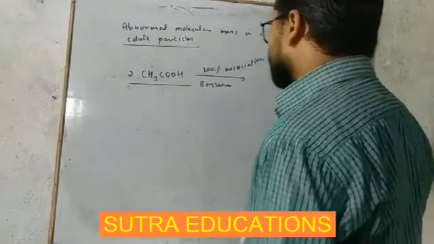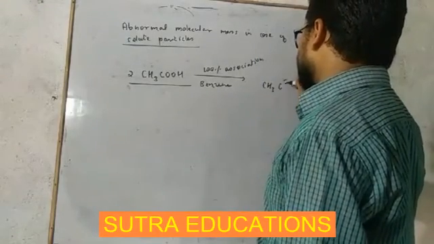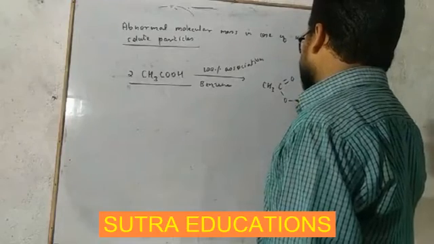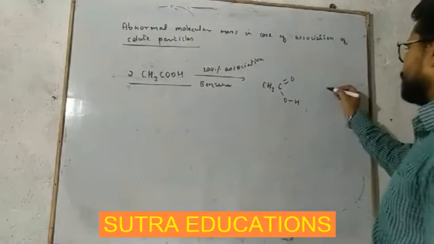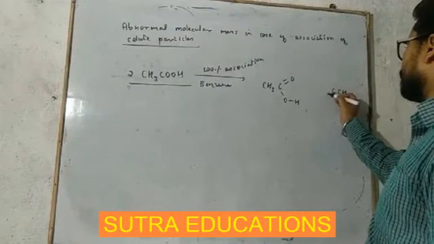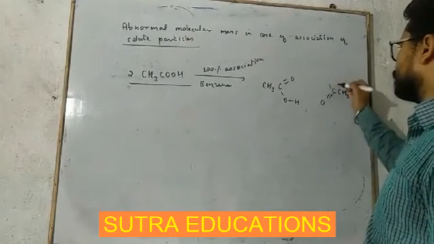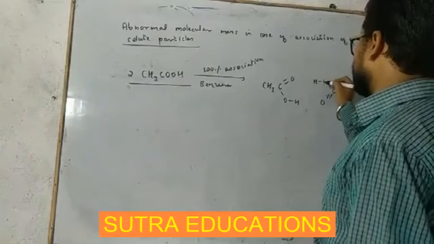I have told you now. It will dimerize like this: CH3-C(=O)-OH, and again here CH3-C(=O)-OH.